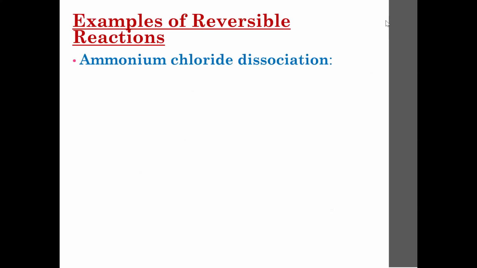Example, ammonium chloride dissociation. Ammonium chloride dissociation is a reversible reaction. Ammonium chloride dissociates into ammonia and hydrochloric acid. Okay, and hydrochloric acid will react with ammonia to form ammonium chloride at equal rates.